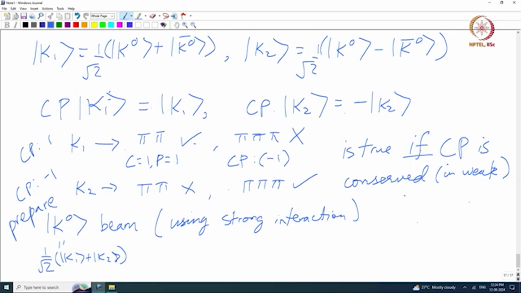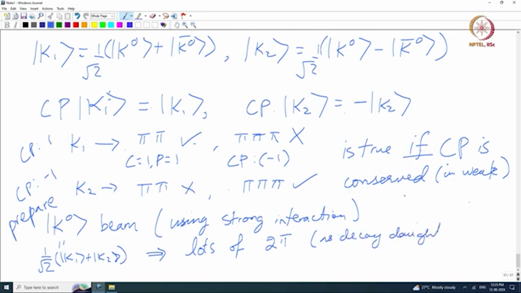Then you want to see what happens to the K0, okay? What you would expect is that you will have lots of 2 pi emitted from the beam, or let me write, as decay daughters.